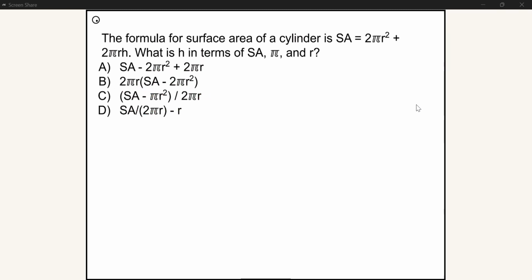Okay. So I'm going to rewrite it just to get a rhythm with it. But on the actual test, you don't need to rewrite it. You could maybe even do almost all this in your head. Now, you want to do reverse PEMDAS, right? So we're going to subtract.